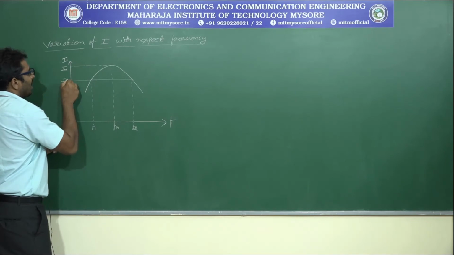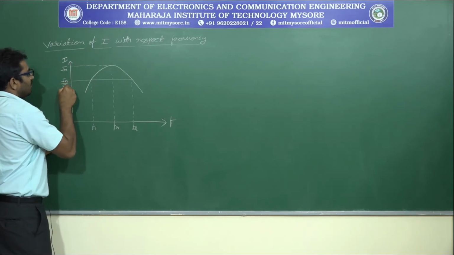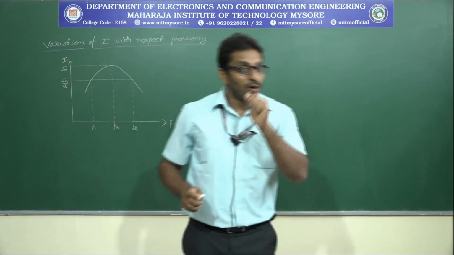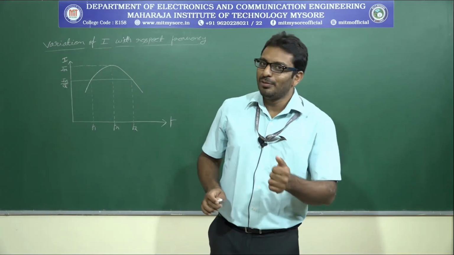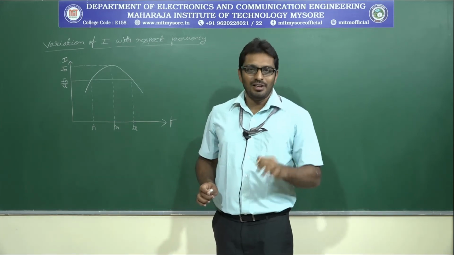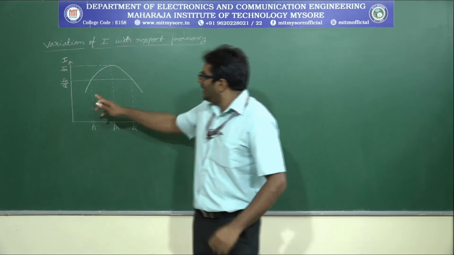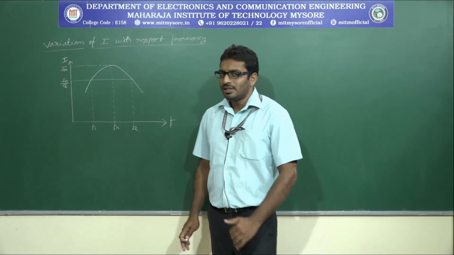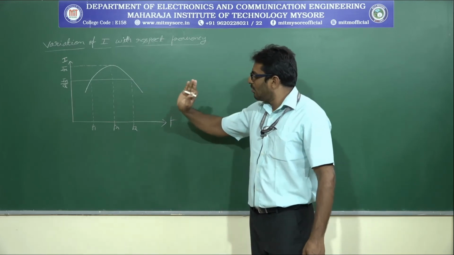That current is nothing but Im by root 2, that is 0.707 Im. That is also known as the effective value, the RMS value of the alternating current, which is the same at both frequencies F1 and F2. This is how the curve looks.